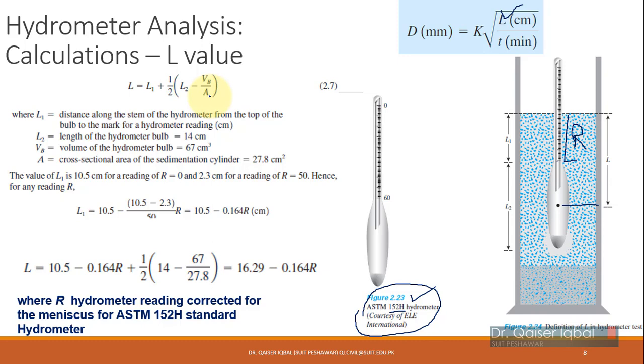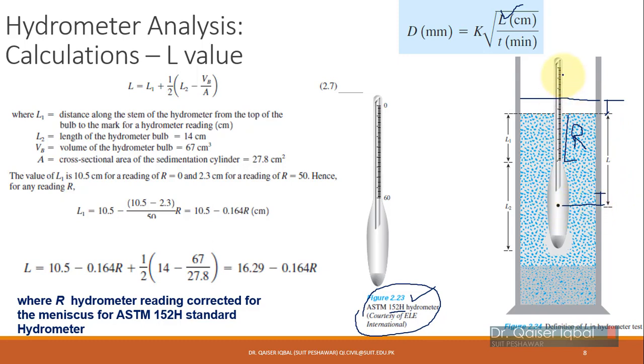I will not go into much detail of this. This is determined by the volume displaced by the hydrometer. When you place this hydrometer over here, it will raise some water level, and it will also raise some water level over here according to the volume occupied by the hydrometer. I should be drawing it at the bottom, but let's assume over here.